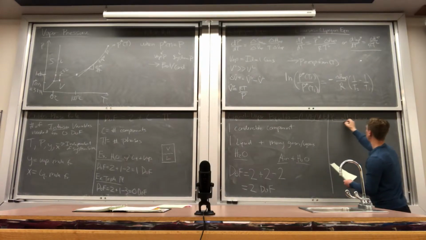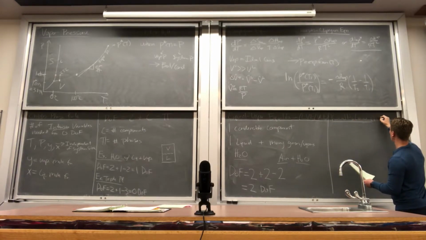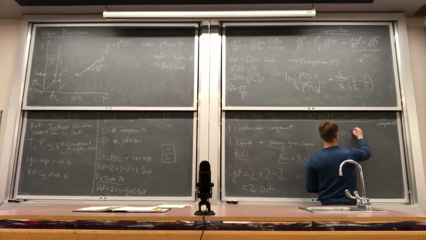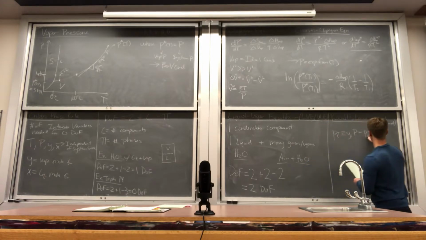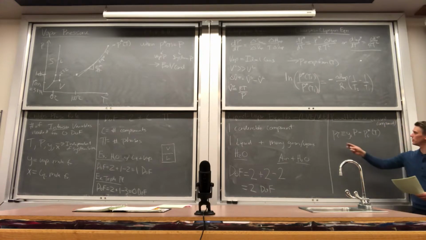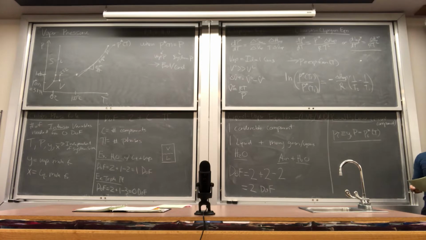So this is a simplified version of Raoult's law, called one condensable component. This is Raoult's law for one condensable component. I'm going to walk us through it.